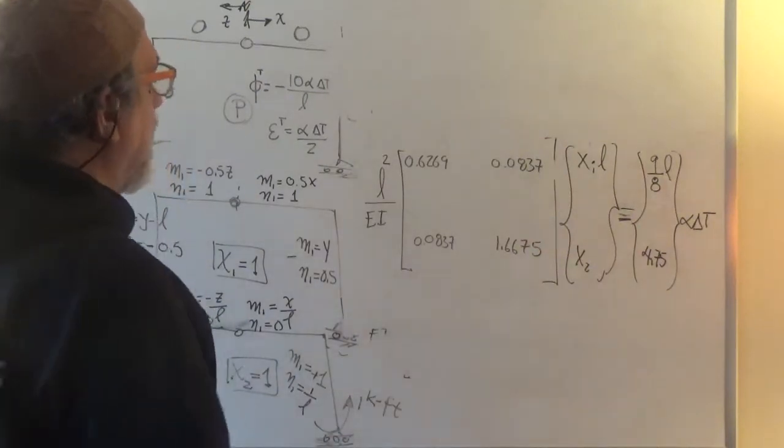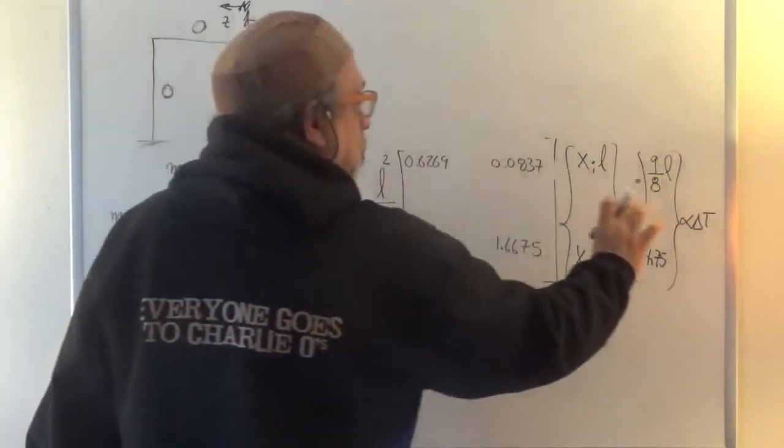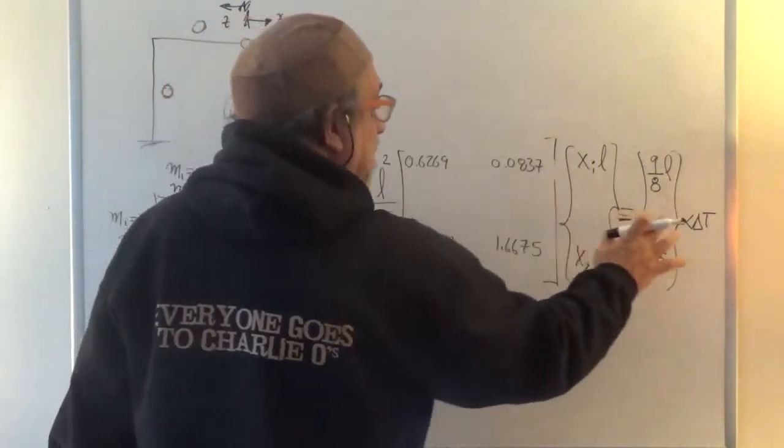Now, again, none of this is necessary because you are probably inclined to just say, put it in the calculator and get it. Okay, fine. But I'm now going to do this. I'm going to multiply times EI over L squared.